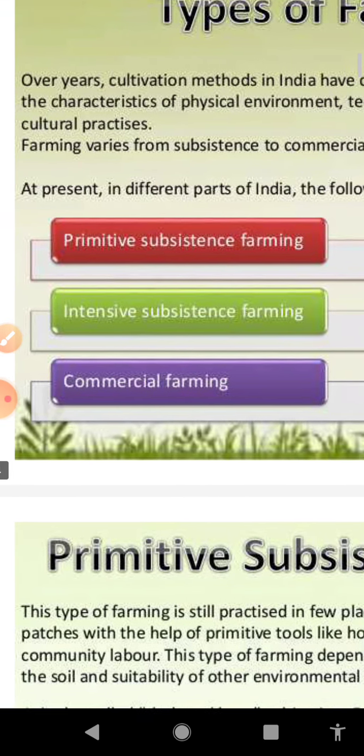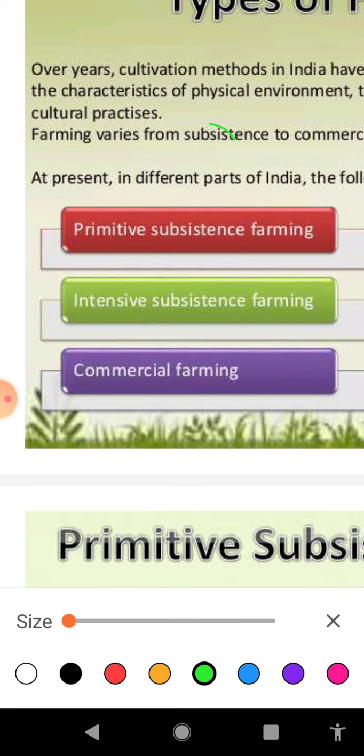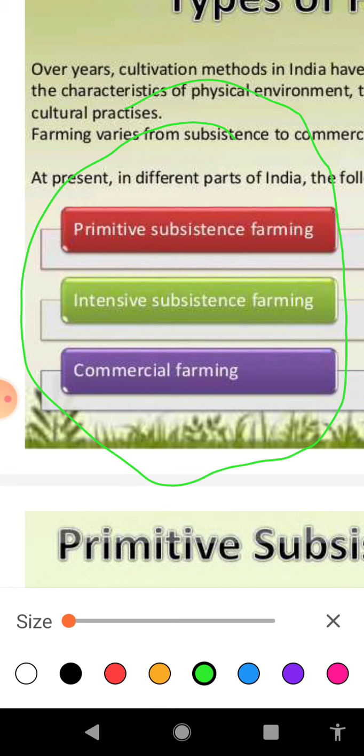After that, we will discuss the types of agriculture. With regard to the types of agriculture, in India, farmers are practicing different types of farming. The factors which are influencing agriculture can broadly be classified into two main categories: physical factors, which include soil, climate, relief; and economic factors, which include the socio-cultural development of the labor, capital, market, transport.